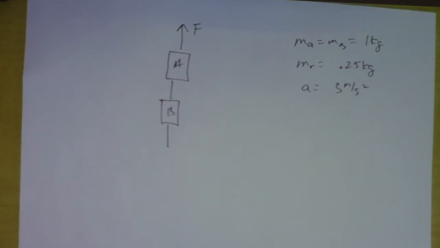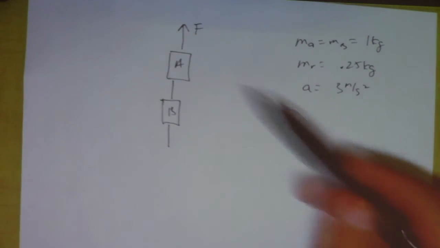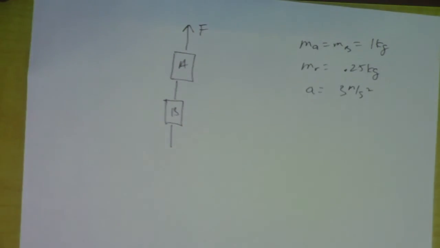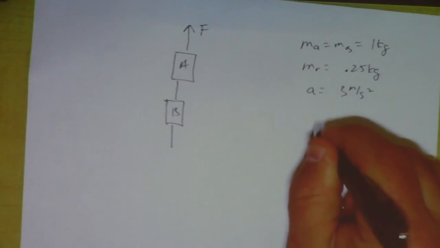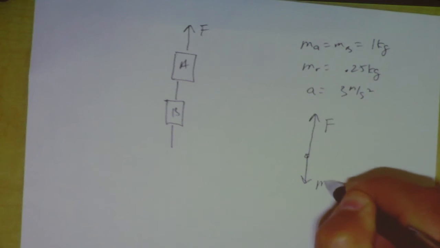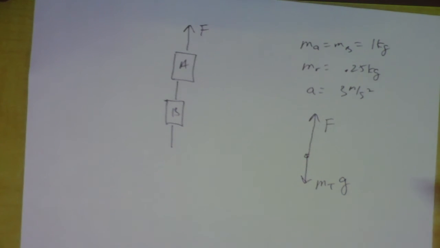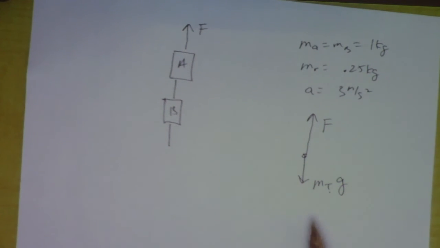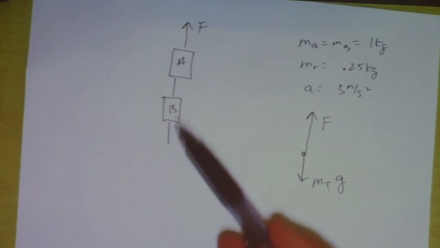Okay, so we want to know, what is this force F? So if I just looked at the free body diagram of the whole thing, just thinking about it as a unit, I would have this force here, and then the total mass times g down. So this means total mass. That would be this mass plus this mass plus this plus this.